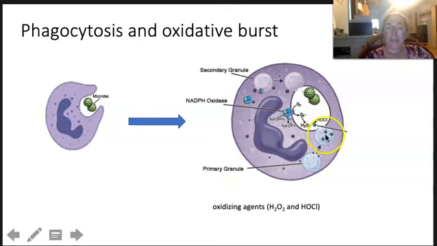These are lysosomes with granules in them that are just enzyme packets that fuse here, so you have this phagolysosome. But also what you see happening here is some chemical reactions that lead to the production of two types of reactive oxygen species. The first is H2O2, which is hydrogen peroxide, and the second is hypochlorite, HOCl.